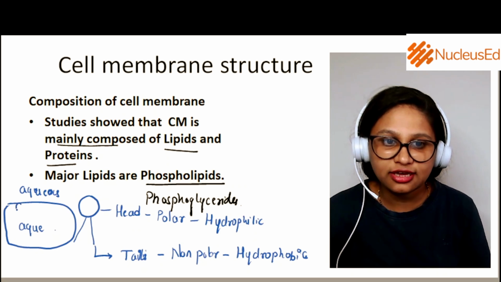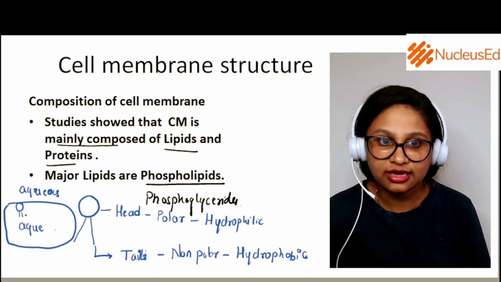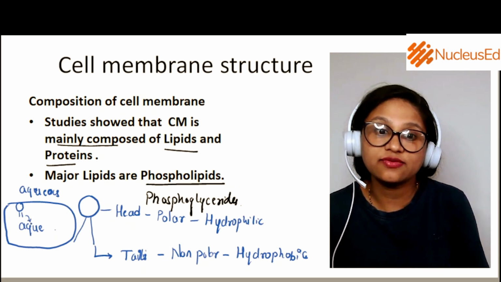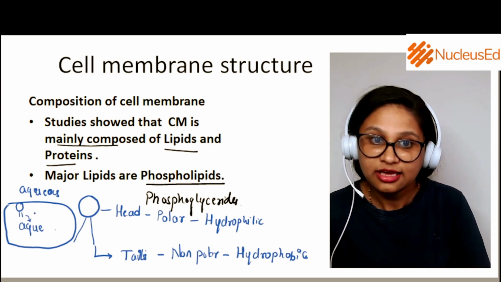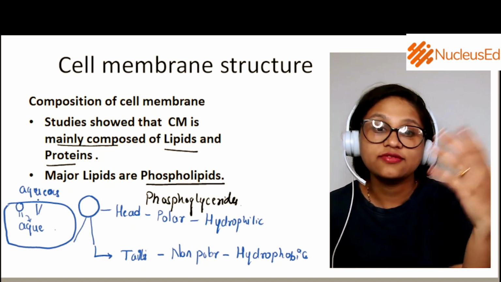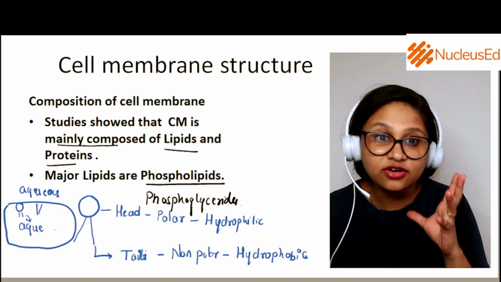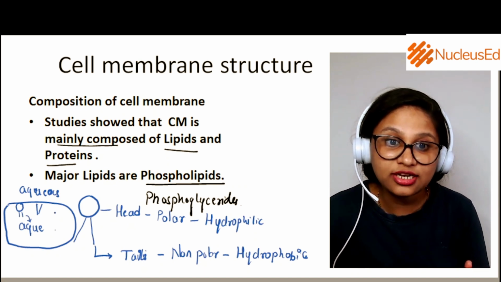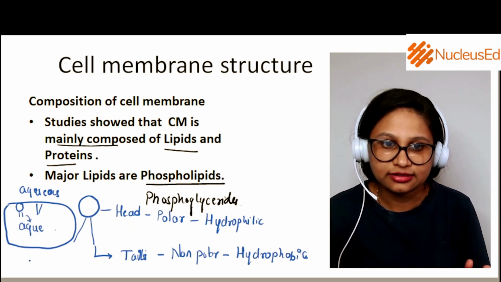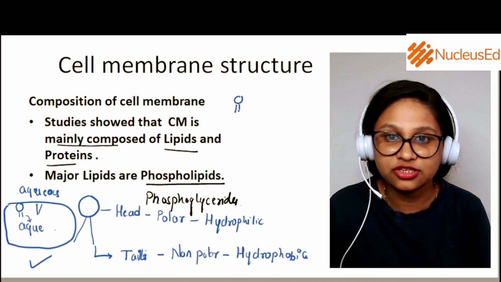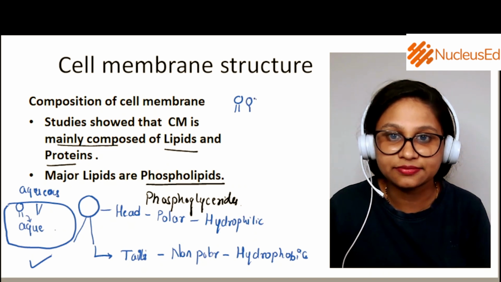So of course if we place the head here, then the tail will be facing this side. If the tails are facing this side, then the tail will come in contact with the water which is present on the outer side of the cell, and for that reason our cell membrane is made up of a phospholipid bilayer, where bilayer means double layer of phospholipid, which looks somewhat like this.